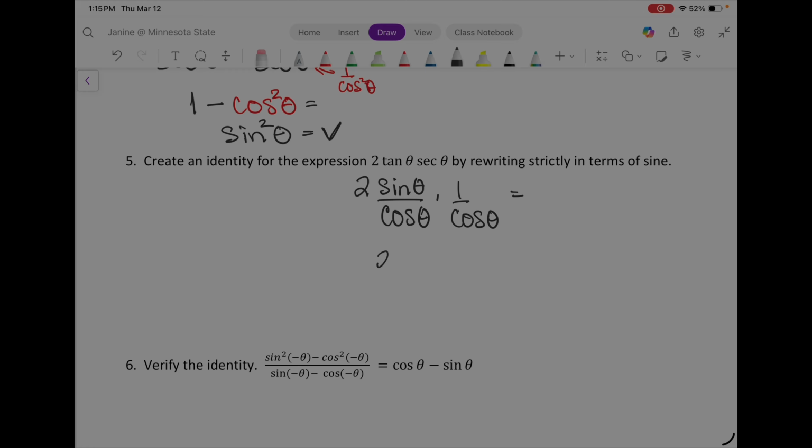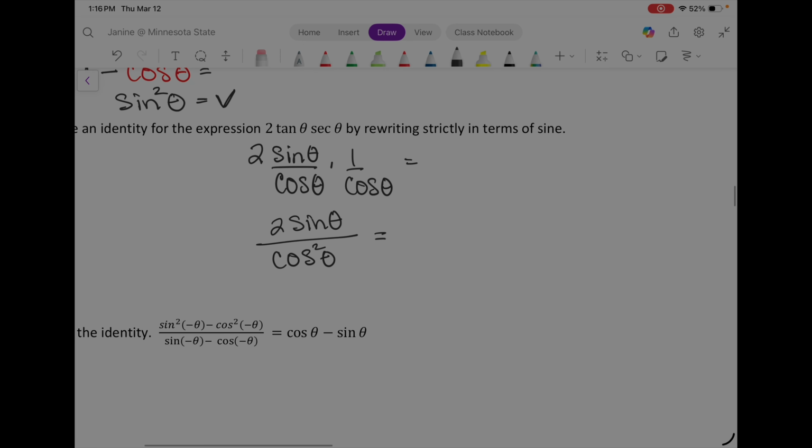On the top, I have a 2 sine theta. On the bottom, I have cosine of theta squared, which I do know is 1 minus sine of theta squared, because that's the Pythagorean identity just manipulated. And now this is all in terms of sine, so that's where I'm going to stop.